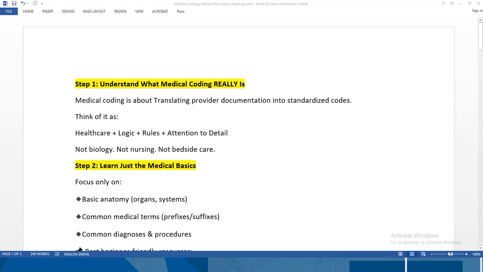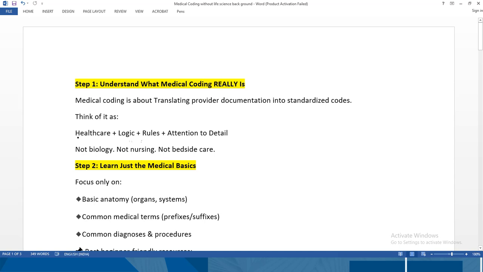So, if you want to learn medical coding, first we need to understand what medical coding is. Medical coding is the process of translating provider diagnoses into standardized medical codes. In medical coding, we have healthcare topics.